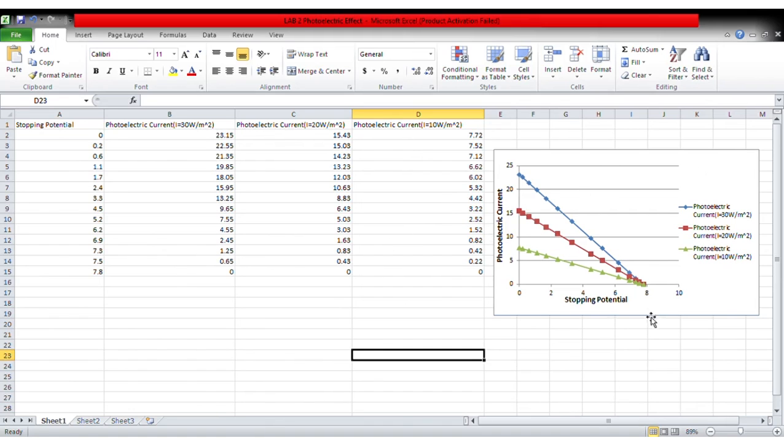From the graph we can see that an increase in intensity means the photoelectric current will increase, but the stopping potential for all three intensities will remain the same. So from this graph we can verify this characteristic of the photoelectric effect.